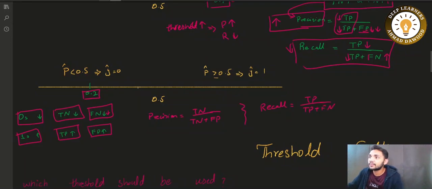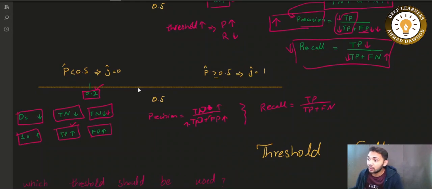Okay, so here you will see when you decrease the threshold to 0.2, your true positives will increase, and false positives also increase, but a lot.